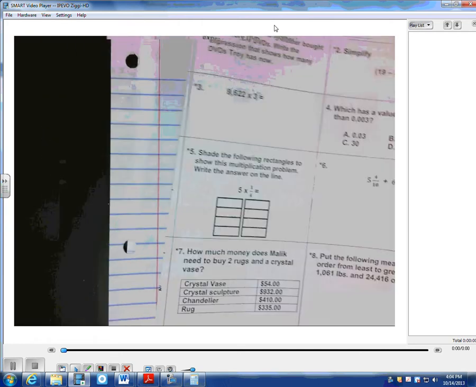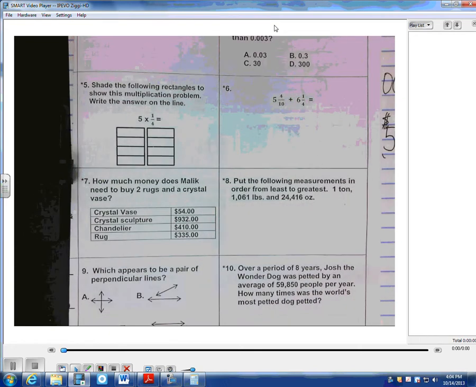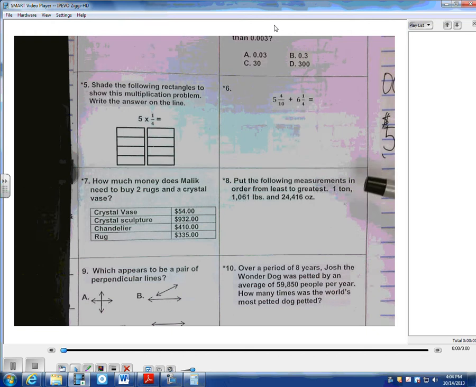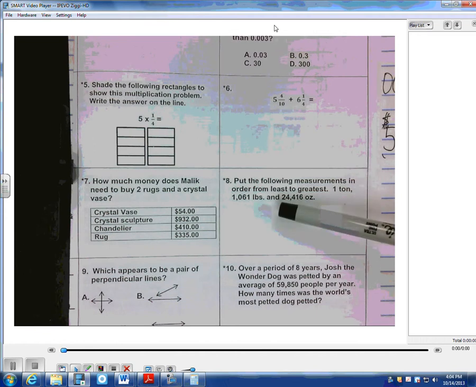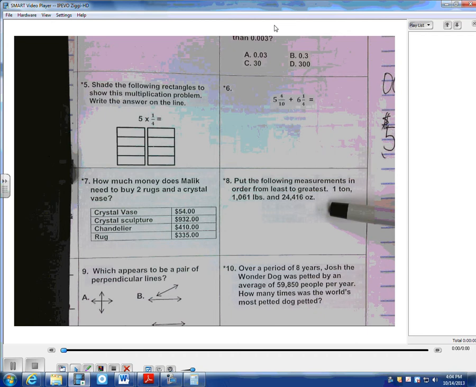Okay, let's look at number 8. Number 8 says, put the following measurements in order from least to greatest. 1 ton, 1,061 pounds, and 24,416 ounces.